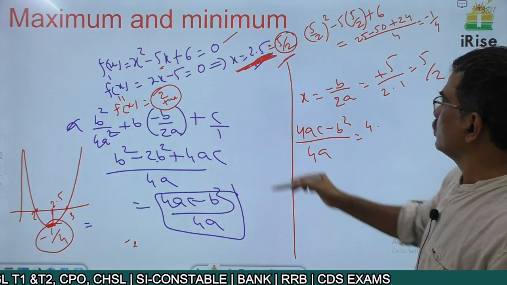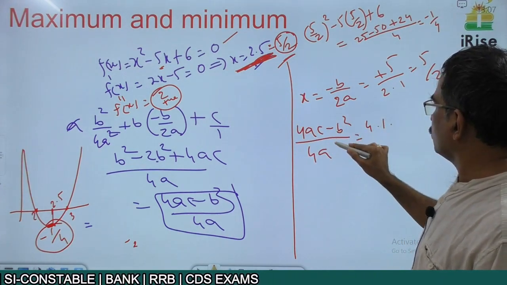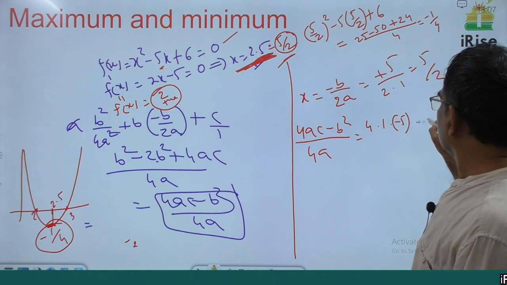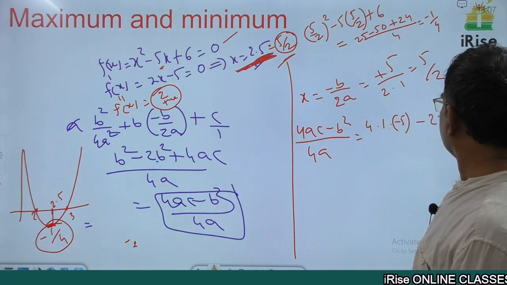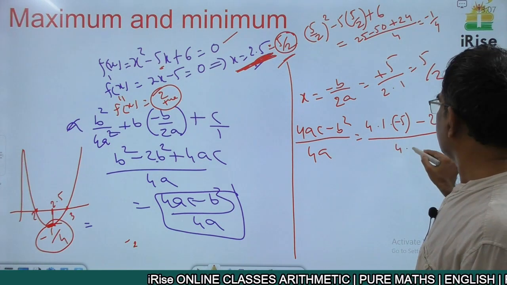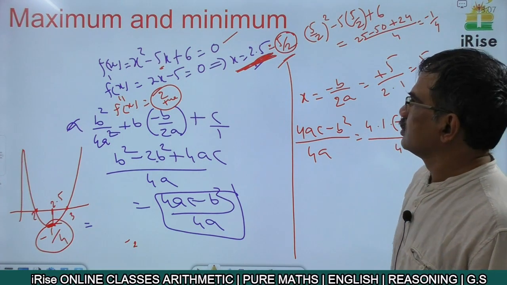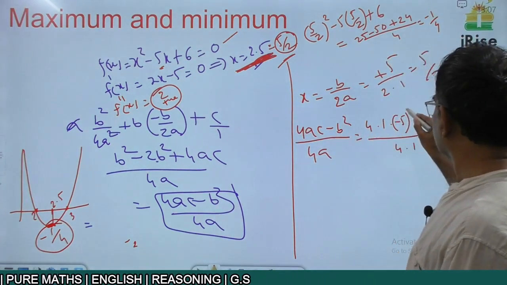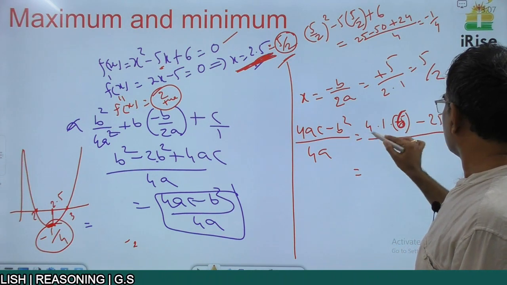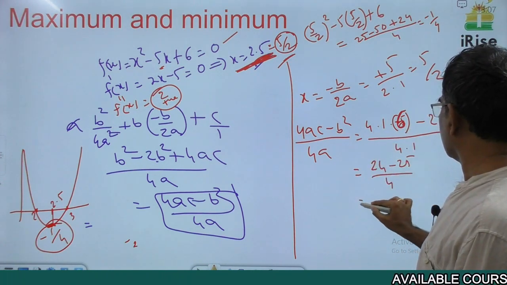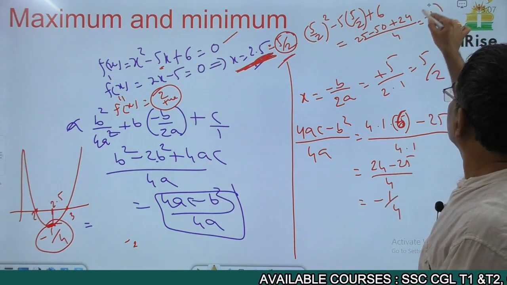Substitute a is 1, c is 6. b is minus 5, so minus b square is 25, by 4a, 4 into a is 4. 4 into a into c is 4 into 1 into 6, 24. This is 24 minus 25 by 4, nothing but minus 1 by 4.